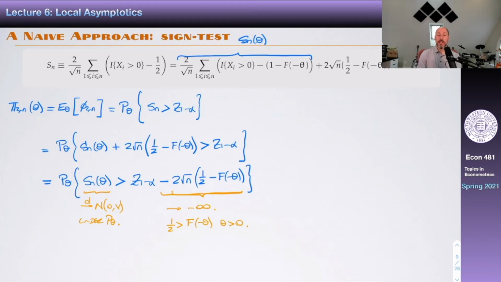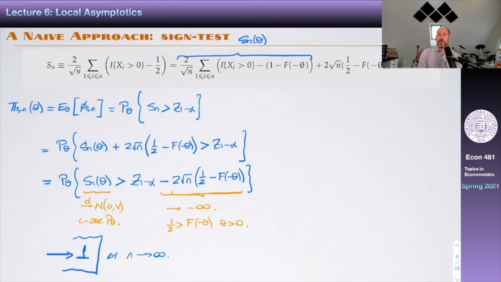At 0, this F is a half. And so F at negative theta is less than a half. So you put all this together, this diverges to 1. As n goes to infinity, of course.